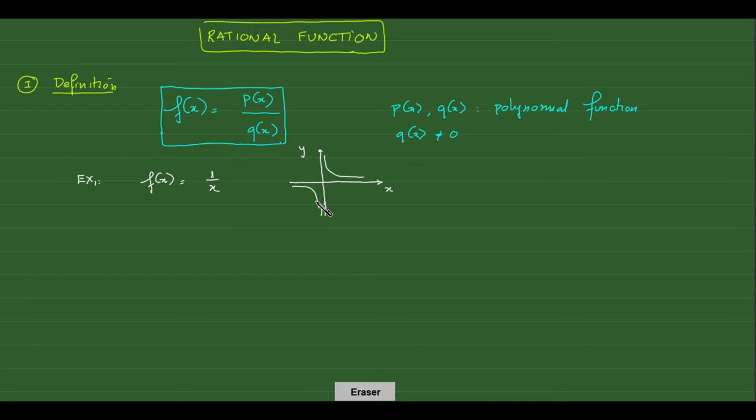These two branches never cross the x and y axes, so the x and y axes are asymptotes. This one is called the horizontal asymptote, because the graph never crosses it, and this one we call the vertical asymptote.